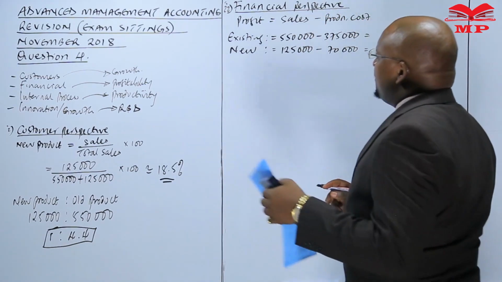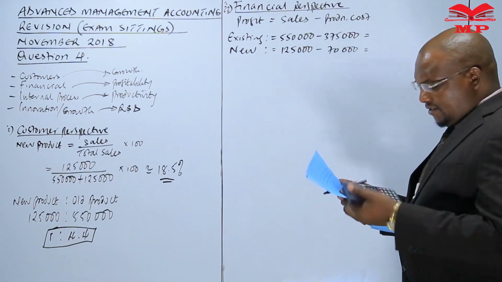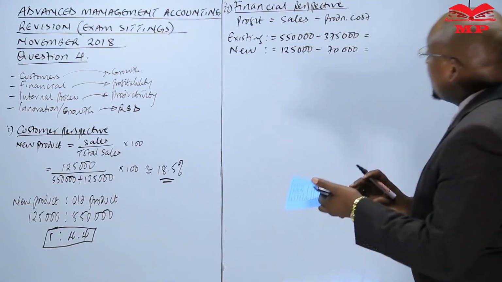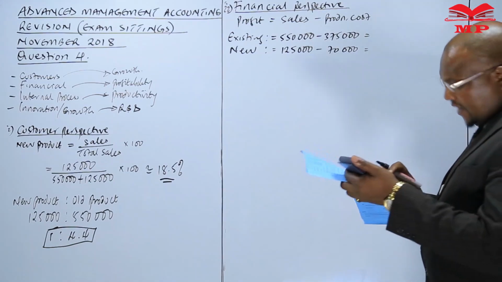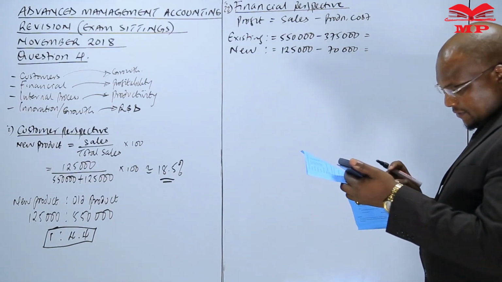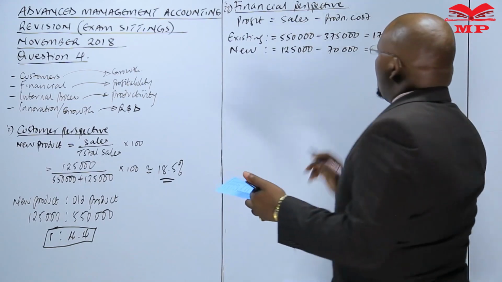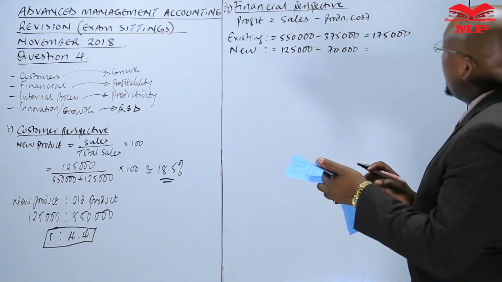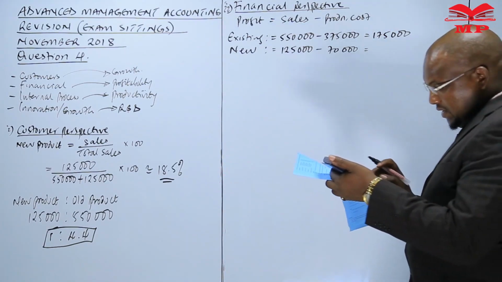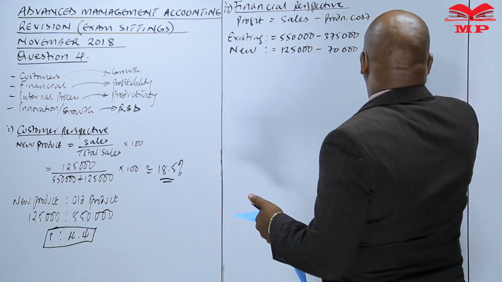So the gross profit we have here, the profit, we can get this difference. We have 550 as a sale minus 375. This is 175,000, and this is 125 minus 70. This gives us 55,000.